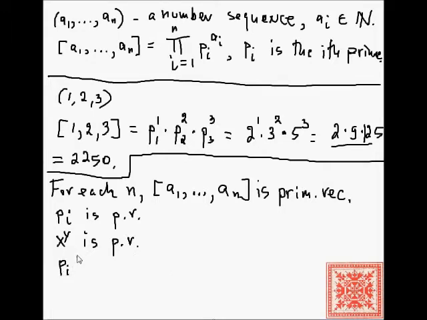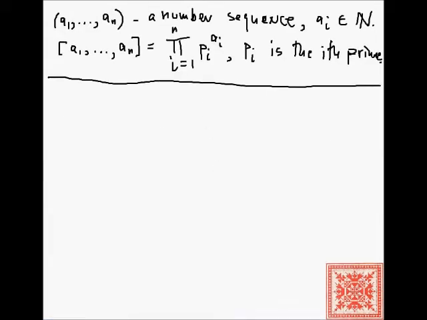So this is a composition: p sub i raised to the power a sub i is a composition of p sub i and the power function, and the bounded product of p sub i raised to the a sub i is also primitive recursive. So it is a primitive recursive function.